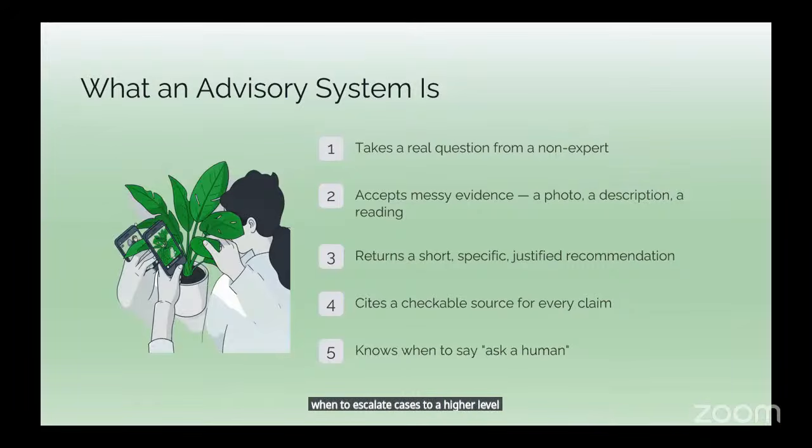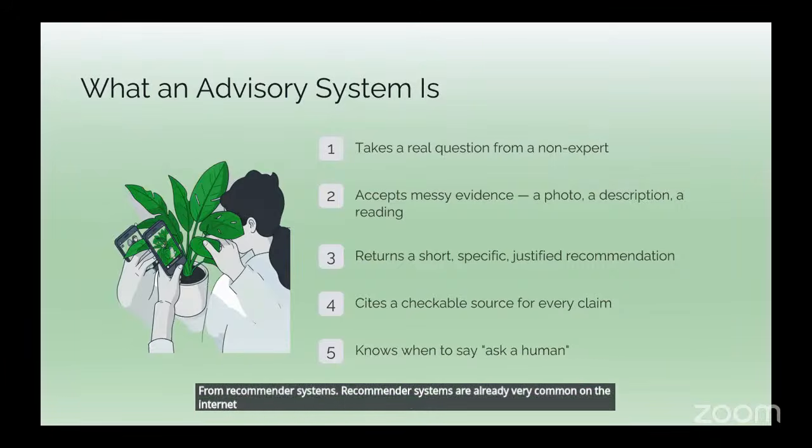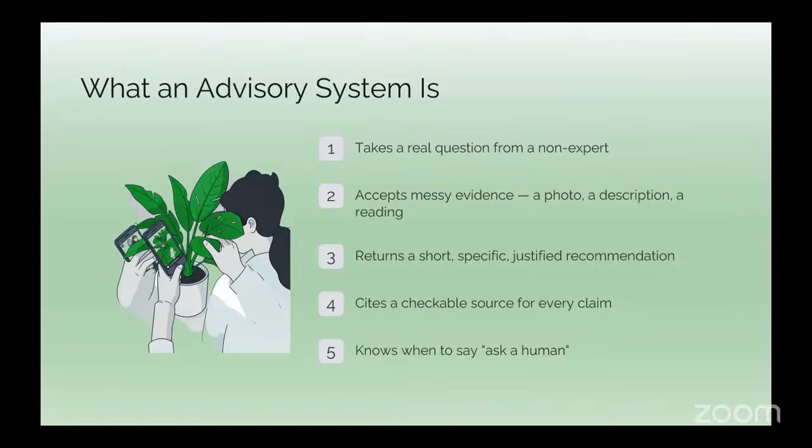Right? So the advisory system you could see as related to recommender systems. Recommender systems are already very common on the internet. For instance, a recommender system might tell you what movie you would prefer based on past choices of movies.